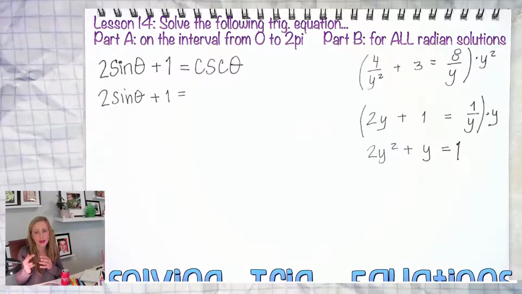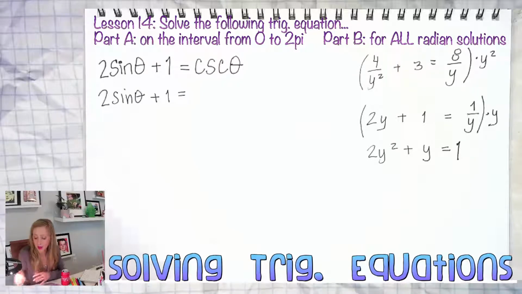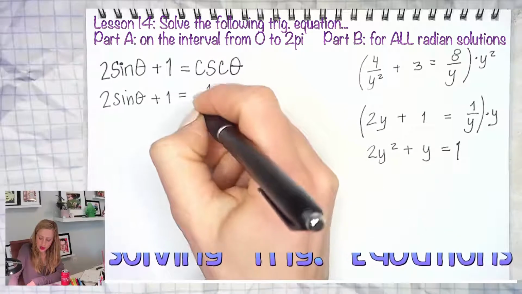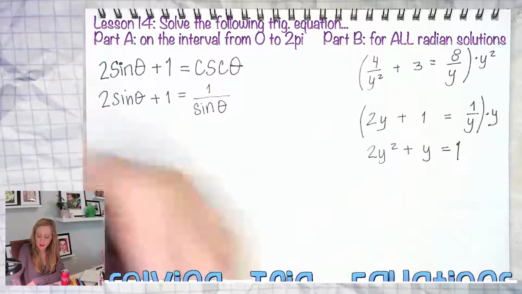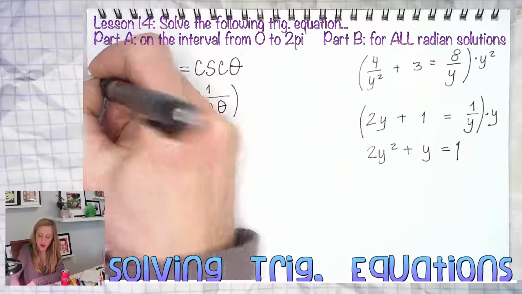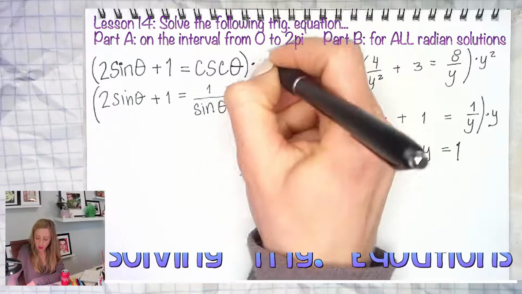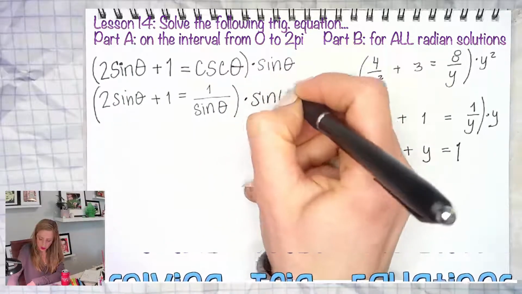You wanted to get it down to as few trig types as possible. So I'm going to replace cosecant theta with 1 over sine theta. That's my reciprocal identity. Then you could do it from here, or some of you might think of it this way in your head and right away know that you could just multiply by sine theta.